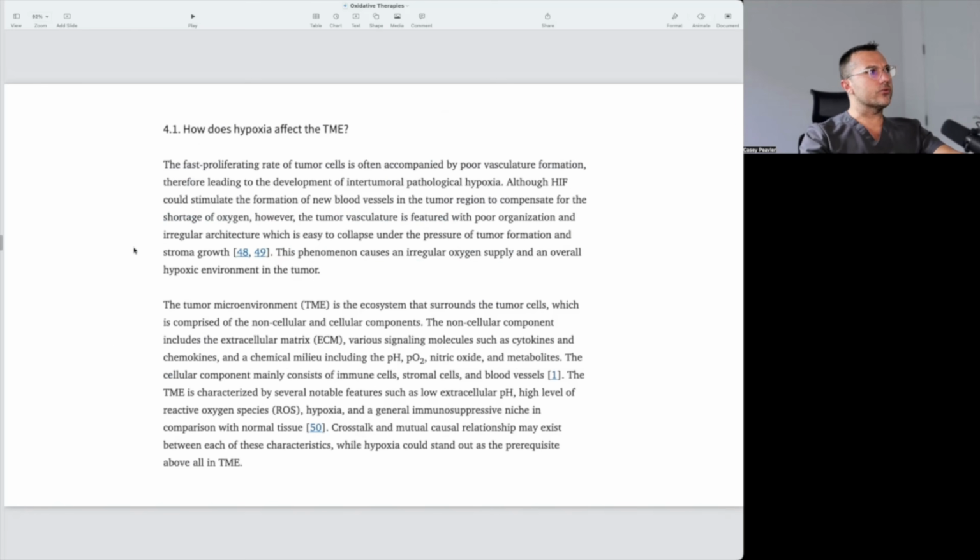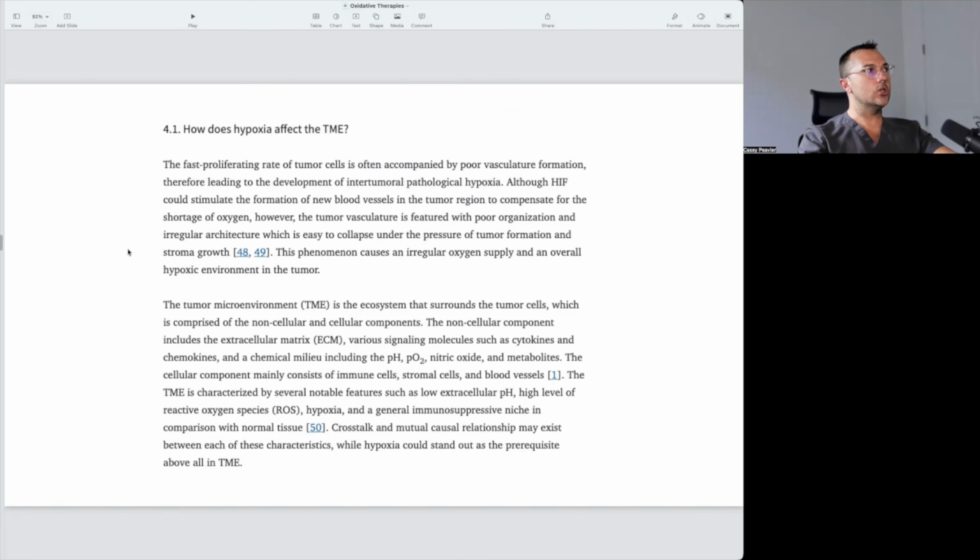So I like this one because it answers the question that a lot of people have been having, right? How does hypoxia affect the TME? How does hypoxia actually get set up? The fast proliferating rate of tumor cells is often accompanied by poor vasculature formation or vessel formation, therefore leading to the development of intratumoral pathological hypoxia or low oxygen.